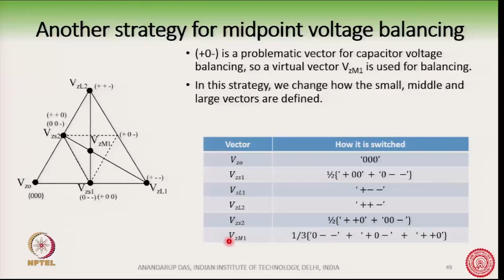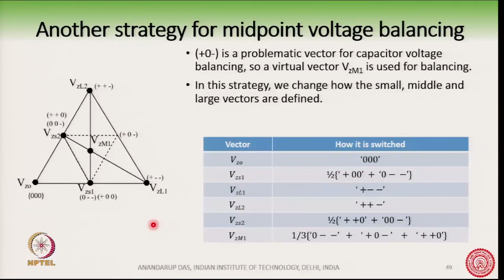The new definition is given by this, and we are defining these vectors by using these switching state combinations. The most important one is this vector Vzm1, which is defined by saying that we will use these 3 vectors for 1/3 durations of time.